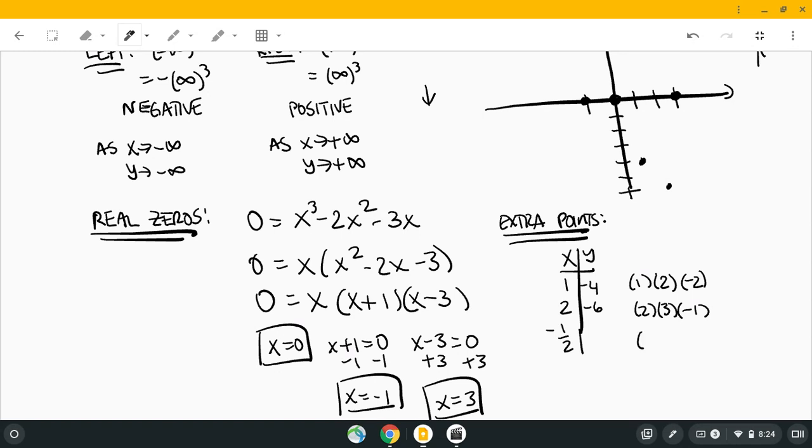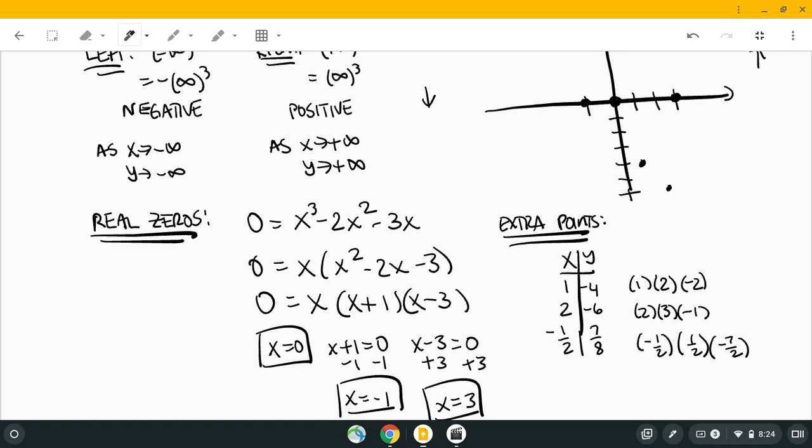That will give me negative 1/2 times 1/2 times, what is that there? That's going to be negative 7/2. So this is going to give me 7/8. All right, so barely 1.